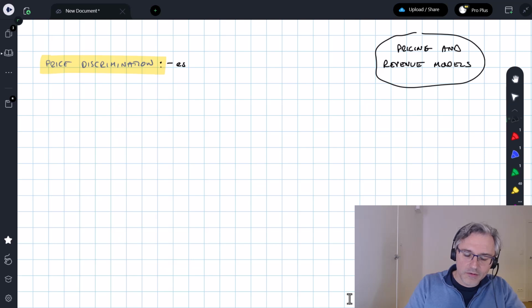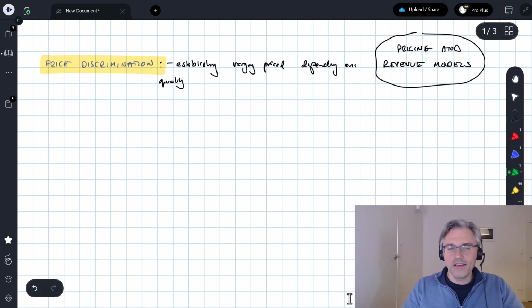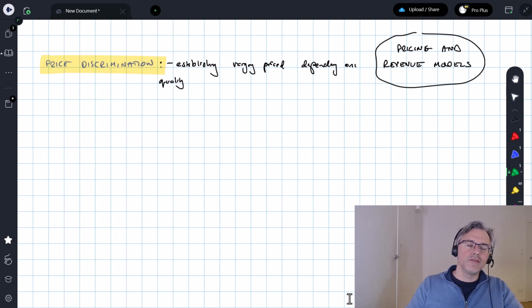So price discrimination is all about establishing varying prices depending on various features like the quality of the product or service you're going to get. And a good example of that would be first class or business class versus economy when flying a plane.